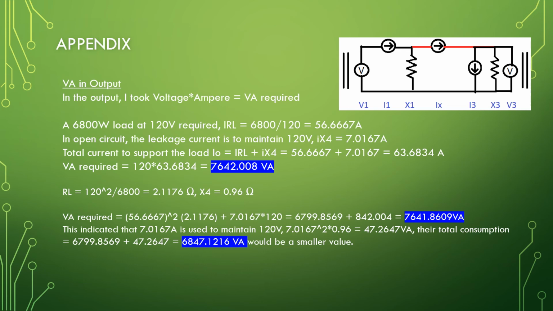This indicated that 7.0167 ampere is used to maintain 120 volt.